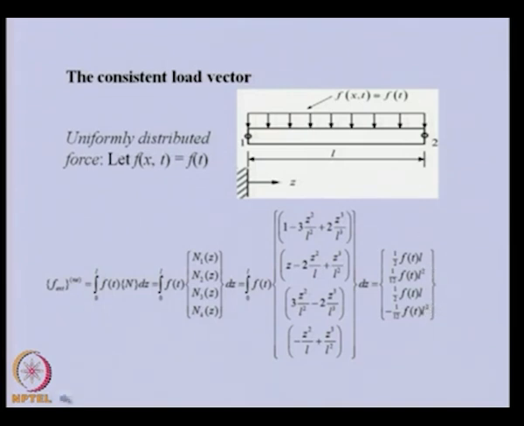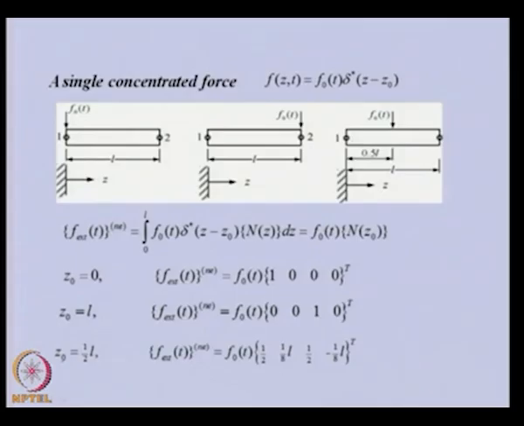Let us see some more cases. If we have a single concentrated force at z equal to 0, let us say for one case it is at node 1. We are able to substitute here, because it is acting at node 1, which means that z is equal to 0.